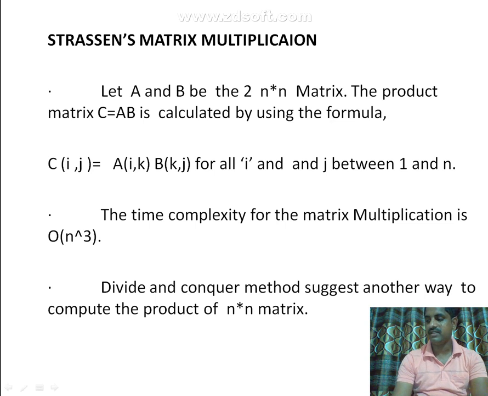Imagine A and B are each partitioned. The matrix multiplication is C of i comma j equal to A of i comma k into B of k comma j. With normal matrix multiplication, the time complexity is big O of n cube. With Strassen's, the complexity is reduced to big O of n power 2.81.